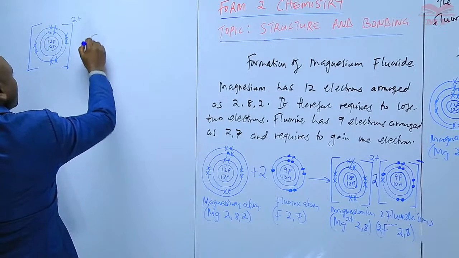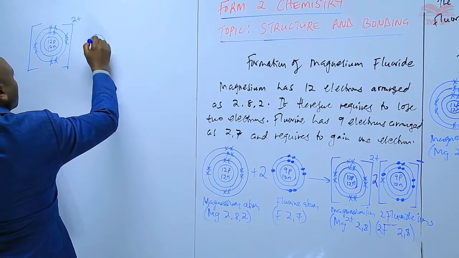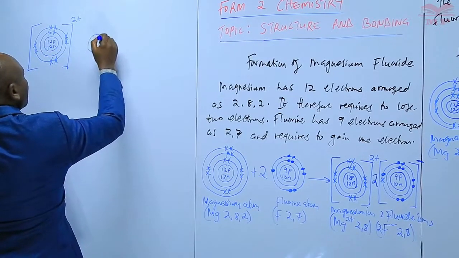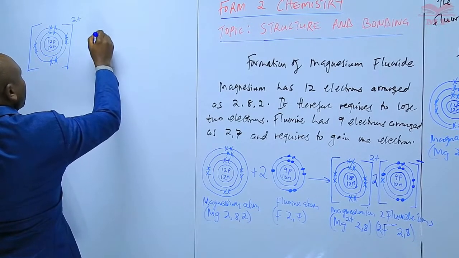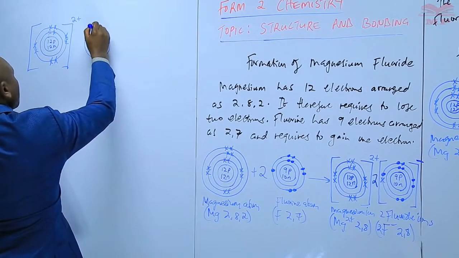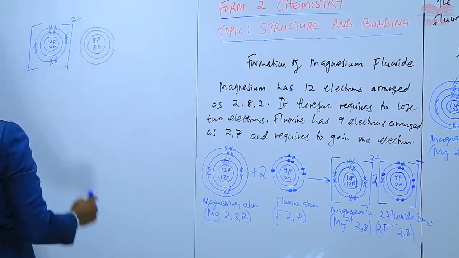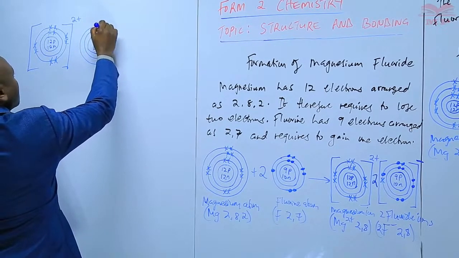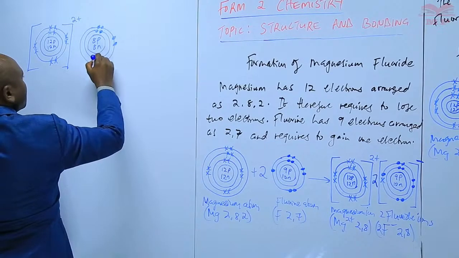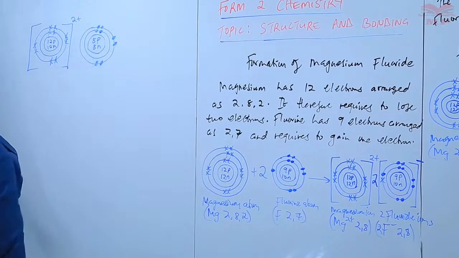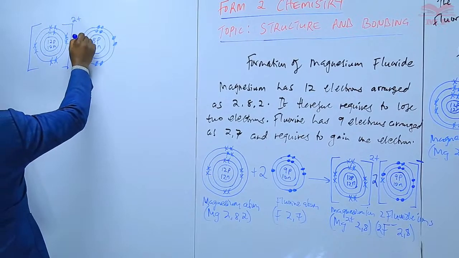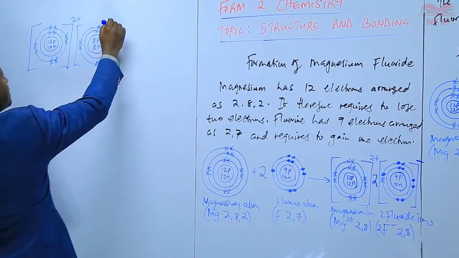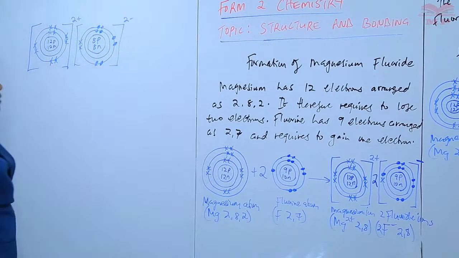Then we have oxygen. Oxygen was 8P, 8N. The arrangement was 2, 6. Now it is 2, 8 because it has gained 2 electrons from magnesium. So by gaining, it acquires a charge that is 2 negative.